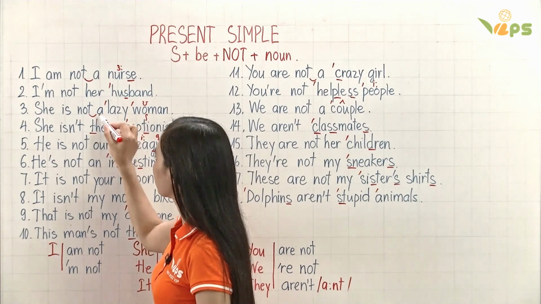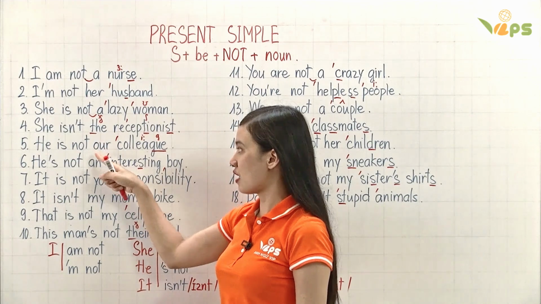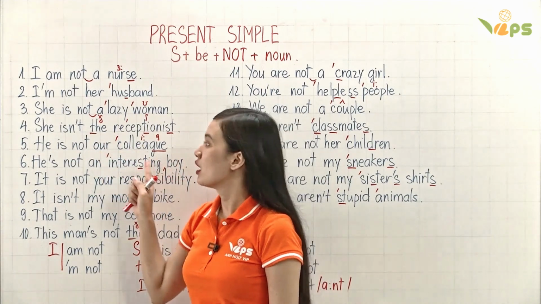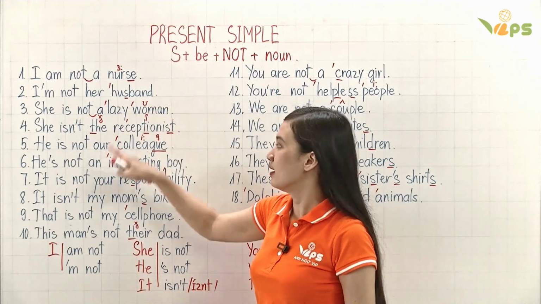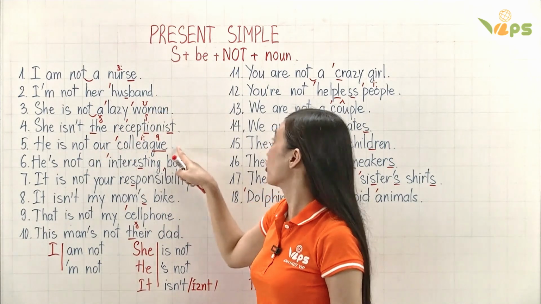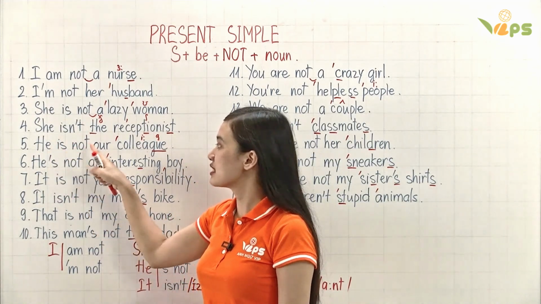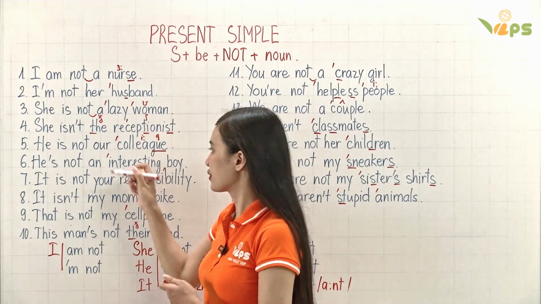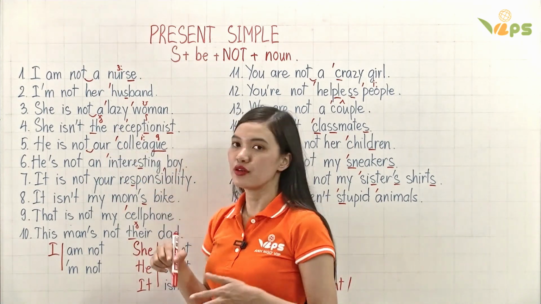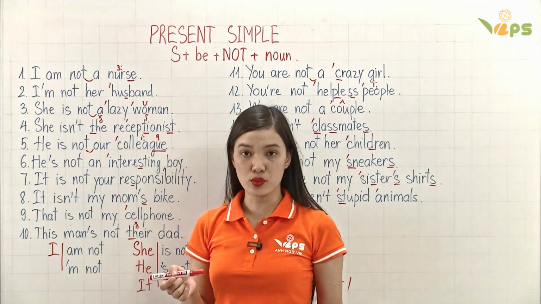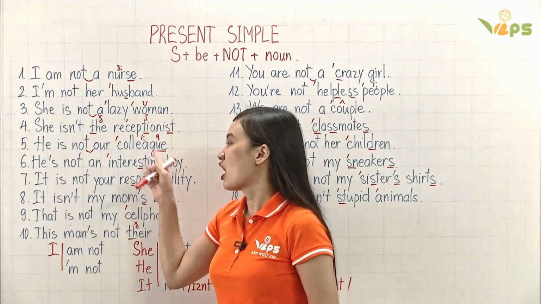They're here. Number 5 and 6. He is not our colleague. He, subject, is, be, not, and our colleague, now. He is not our colleague, or you can link them together, not our. Colleague is the person you work with. A lot of people usually pronounce college.